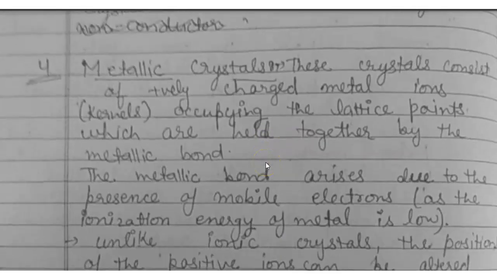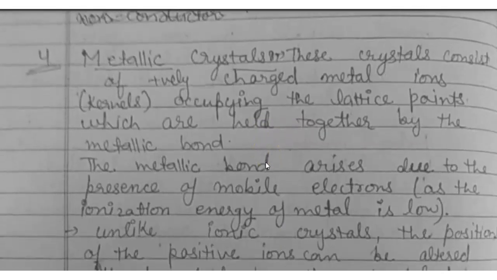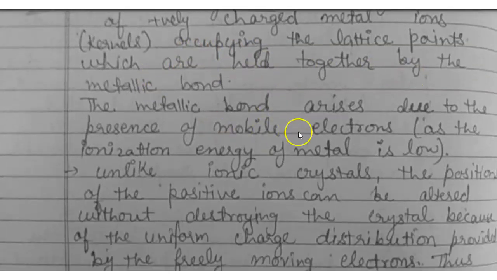Now, fourth type of crystal is metallic crystal. These crystals consist of positively charged metal ions, called kernels, occupying the lattice points, which are held together by the metallic bond. The metallic bond arises due to the presence of mobile electrons, as the ionization energy of metals is low.